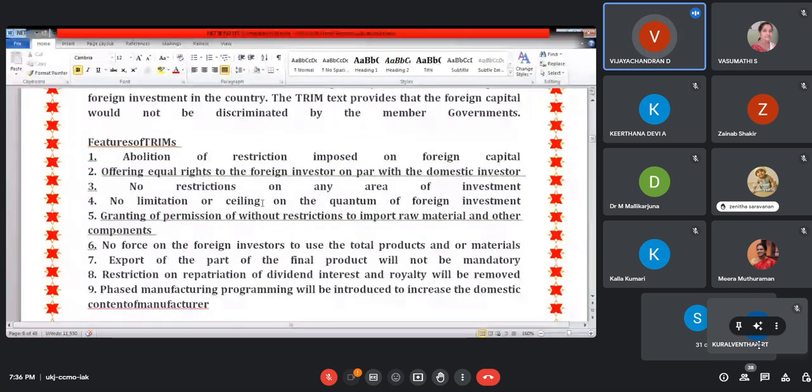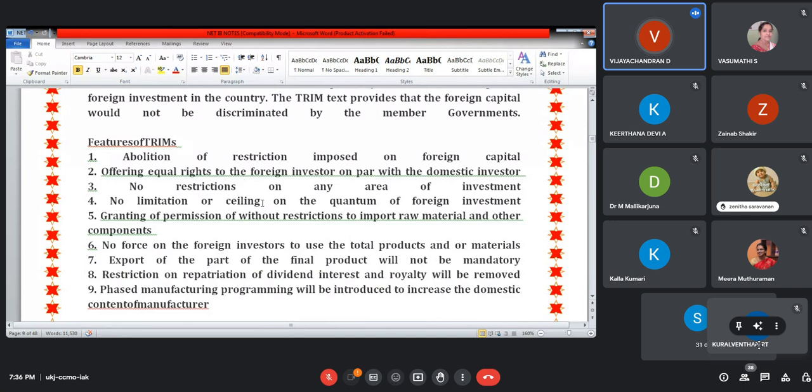So those restrictions will be avoided with the effort of the TRIMS, trade related investment measures. They also enable permission, without restriction, for importing raw material and other components, with no force on the foreign investors or the materials.